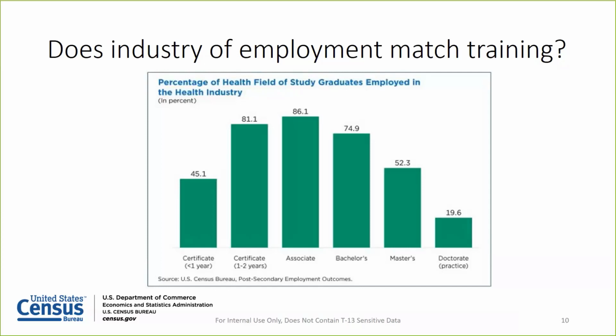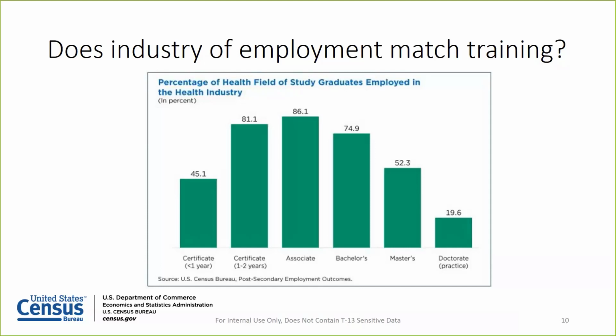So those are degrees that are geared specifically towards working in the health field and are applied in that way. Interestingly, for master's degrees and for doctoral professional practice degrees, it's much less likely that they end up employed in the health industry. That may be because they're still doing health things, but the predominant industry sector of their employer is not actually health.